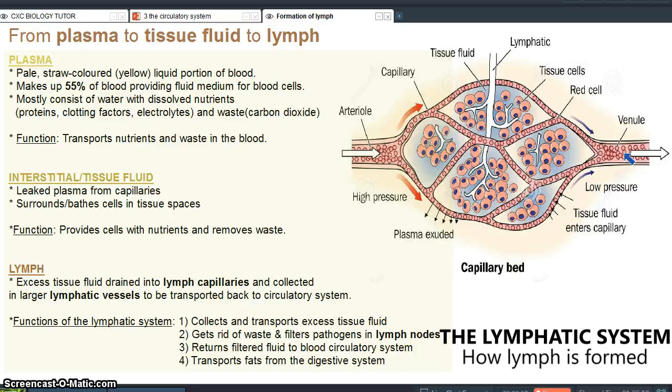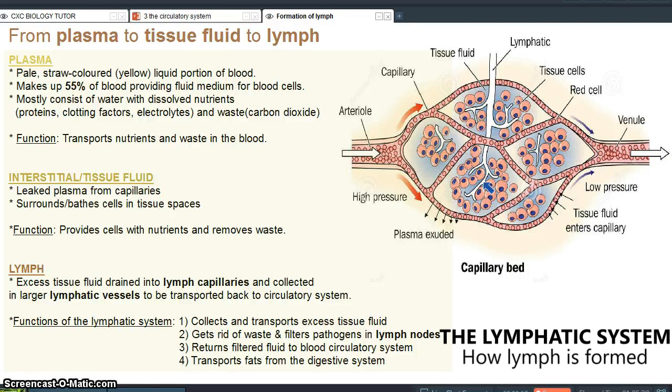Because the blood is so low-pressured, it's more likely to experience backflow, so the veins have those valves. This blood then returns to the heart, usually lacking the nutrients and the oxygen, and the heart will pump that blood to the lungs to pick up the oxygen again. So this is the capillary bed, and this is how lymph is formed.